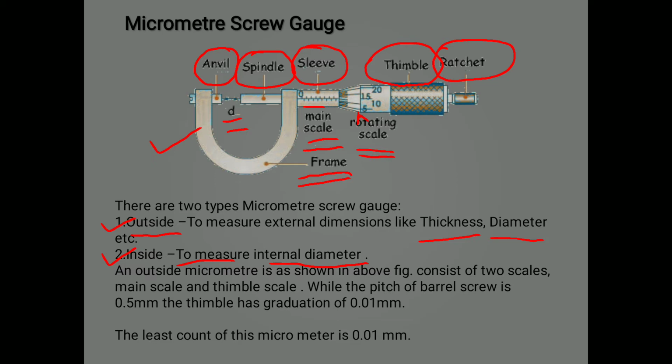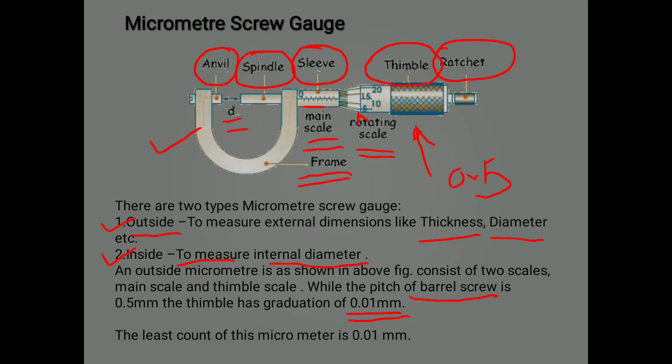So here it is the thimble, and inside this you will get a barrel screw which has 0.5 mm travel, that is called the thimble pitch. Then the thimble has graduations of 0.01 mm.